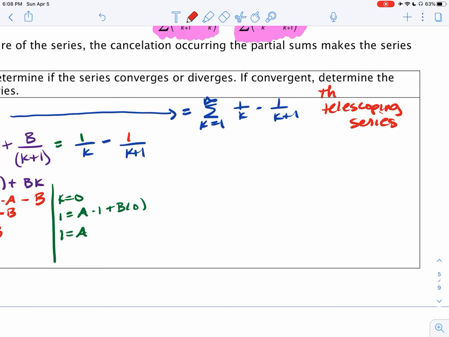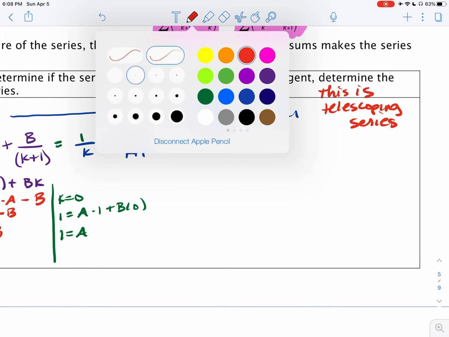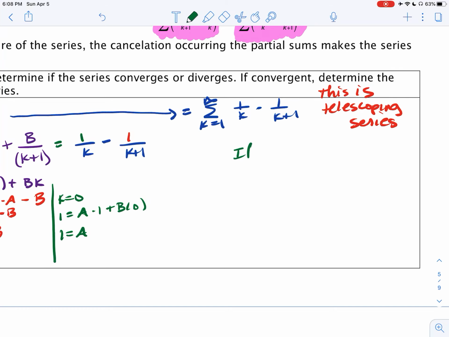And we can say that this is a telescoping series. So, in employing the test, I can say if the limit as n goes to infinity of 1 over k plus 1 exists, then we have that our series converges, right?